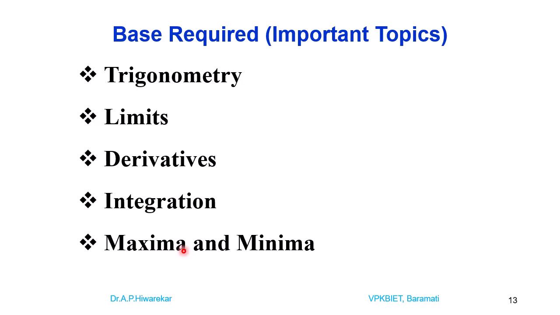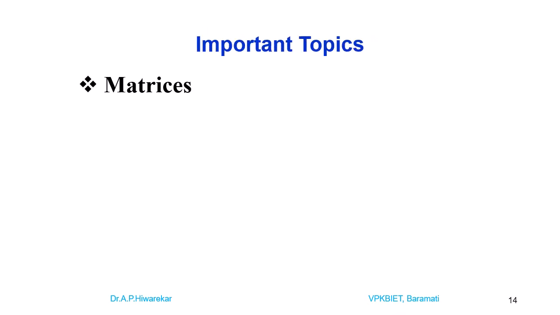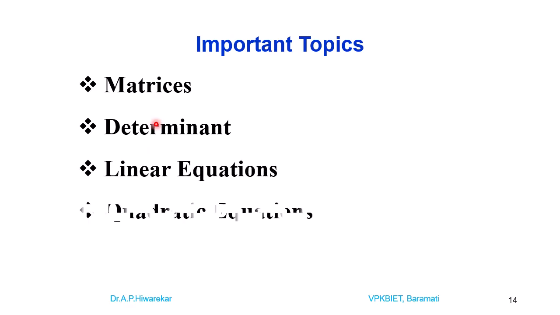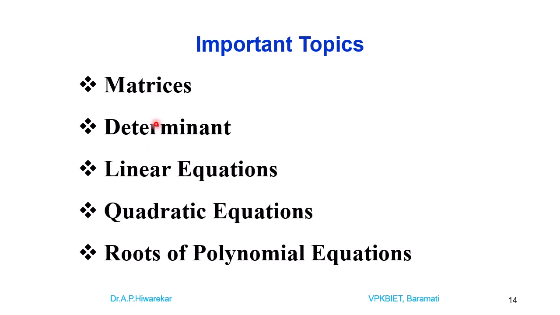We require these here as a base for your engineering mathematics 1. Then for matrices, obviously we require knowledge of determinants, linear equations, quadratic equations and roots of polynomial equations, while dealing with determinants and matrices.